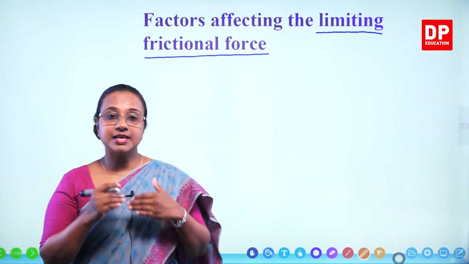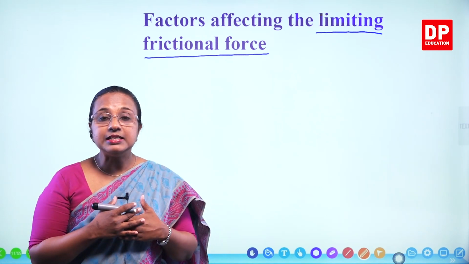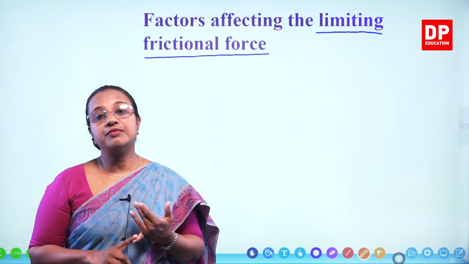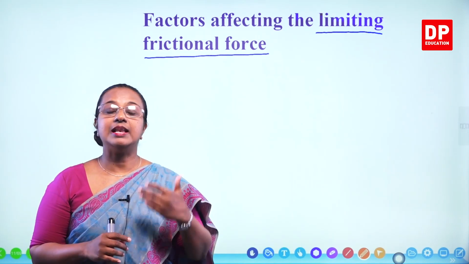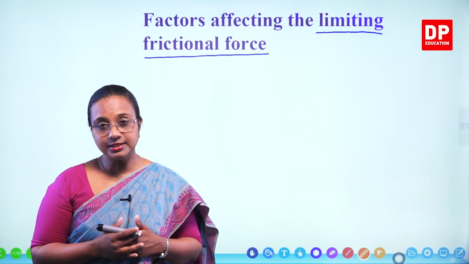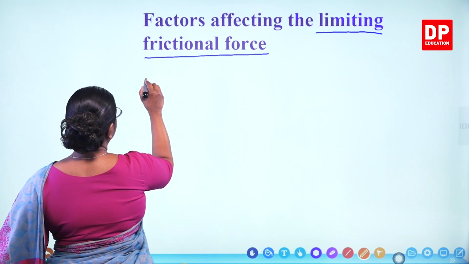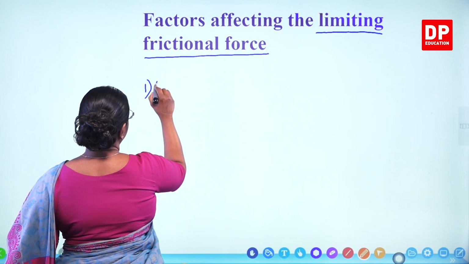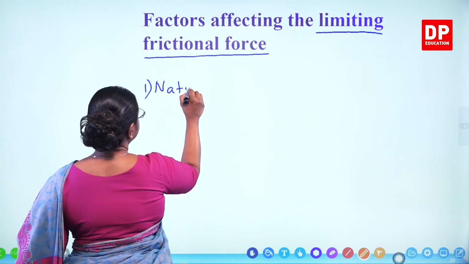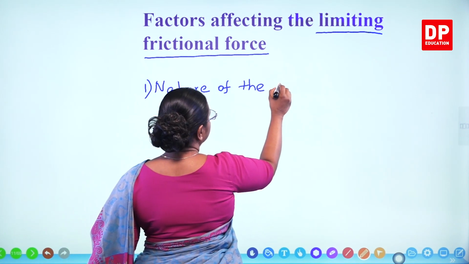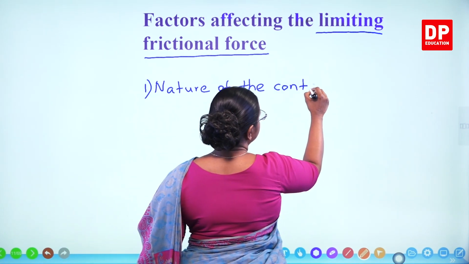Because this is exerted by the contact surface, the nature of the contact surface will have an effect on the limiting frictional force. So that is one factor that we need to check. Nature of the contact surface.